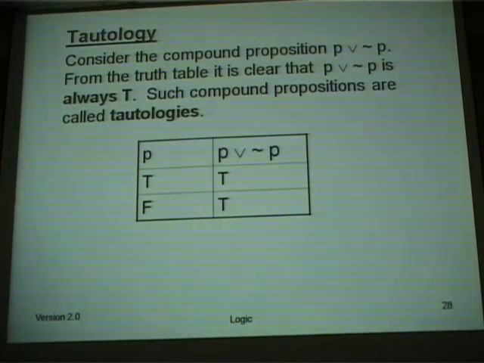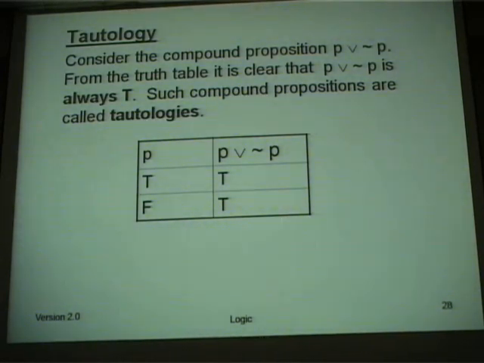For example, the tautology. The tautology is also a proposition which has a special property. What is the special property a tautology has? It is always true. It never becomes false.